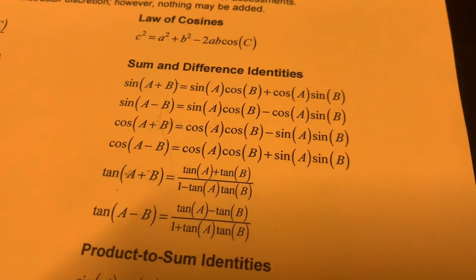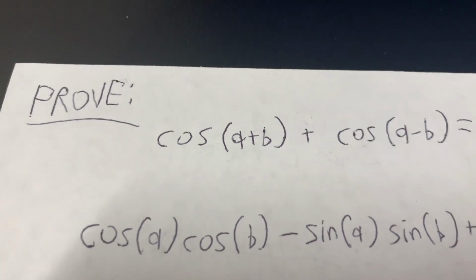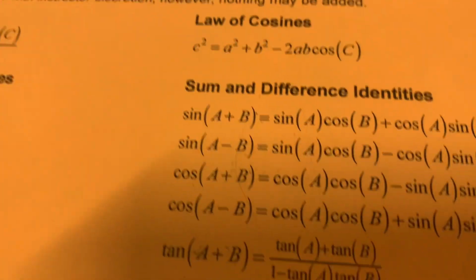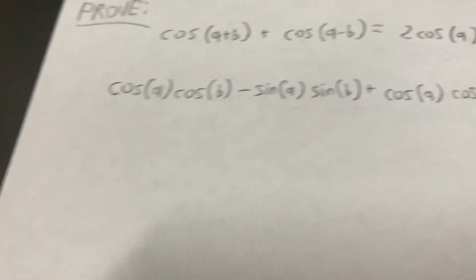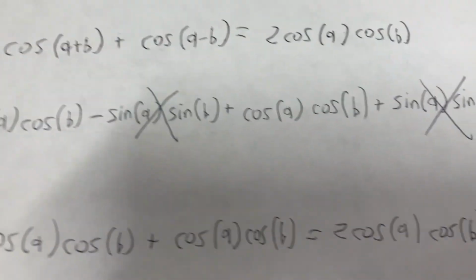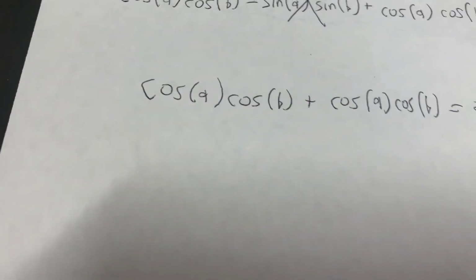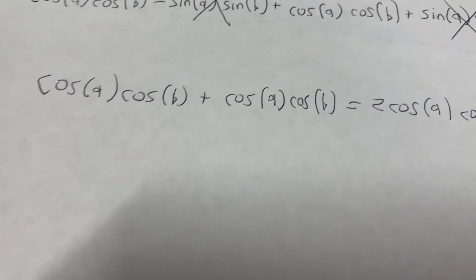From the information we were able to pull from here, we were able to take this cosine of A plus B and this cosine of A minus B, use this sheet and insert these big things into this big equation. Since these cancel out because one's positive and one's negative, you're just going to be left with these two, cosine of A and cosine of B, plus cosine of A and cosine of B.